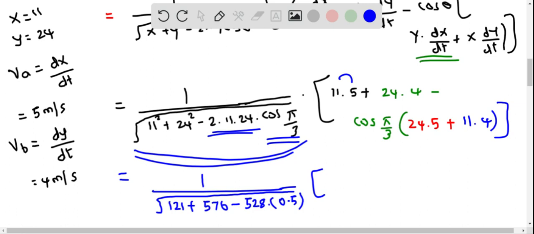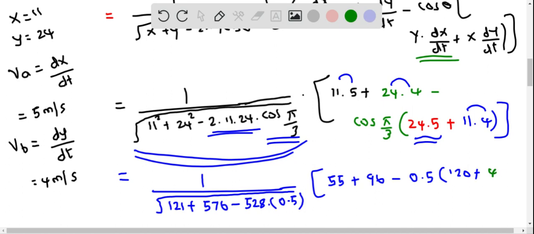This is 55 plus 24 times 4 is 96, minus cos pi by 3 is 1 by 2. I write this as 0.5, and then 24 times 5 is 120, plus 11 times 4 is 44.